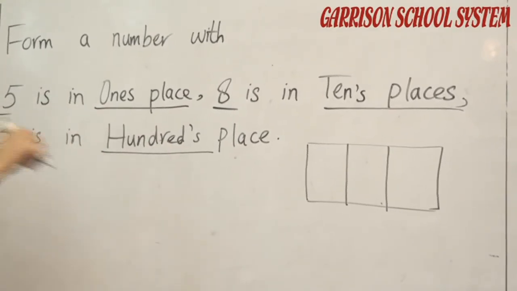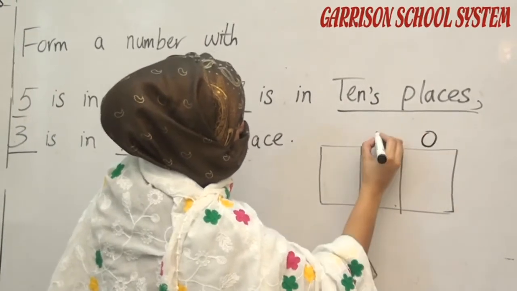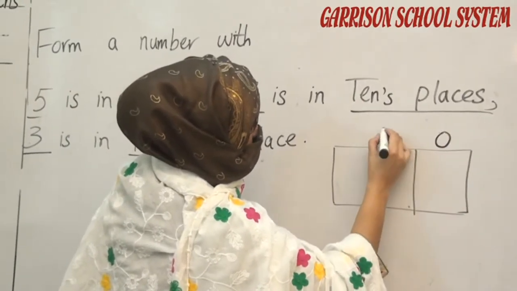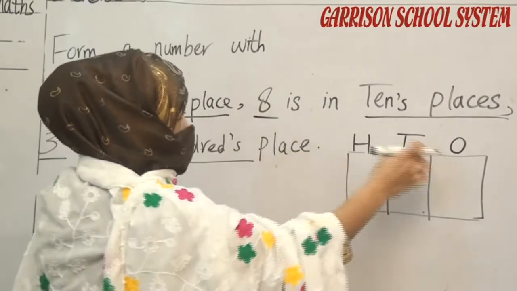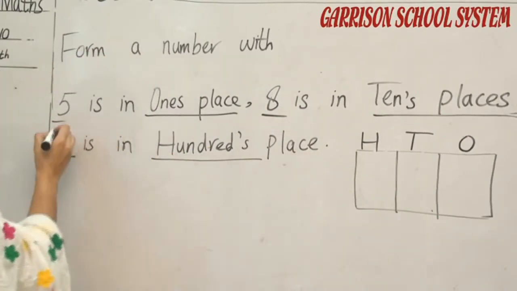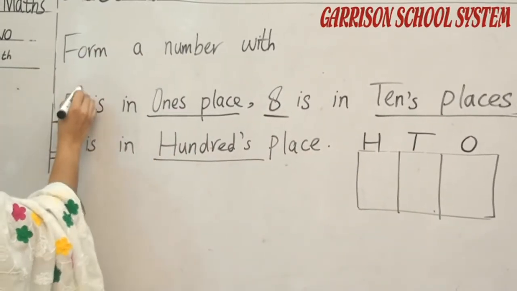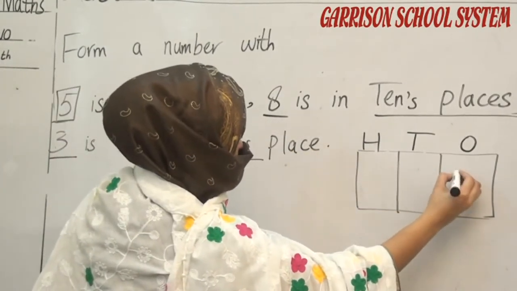So we have to write the number here. This is ones. This is tens. This is hundred. First of all, we write ones, tens and hundred. Now, which number is in ones place? 5. So we write 5 in its home.